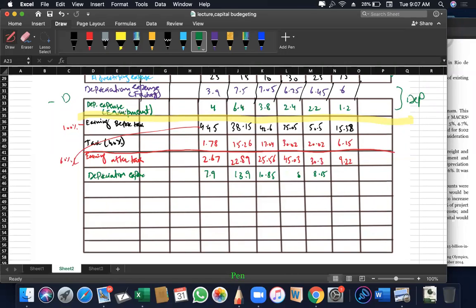This is 7.9, this is 13.9, this is 10.85, this is 9.15 and this is 7.2. Yes. Now I will mark one more line here.